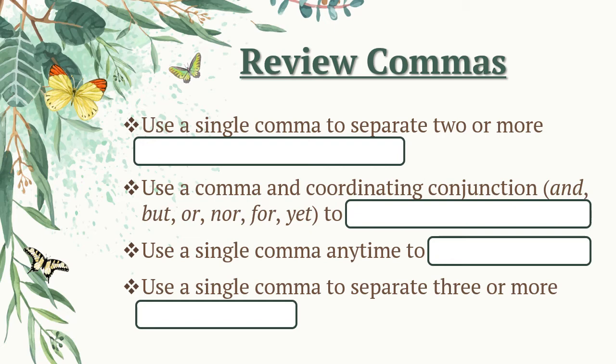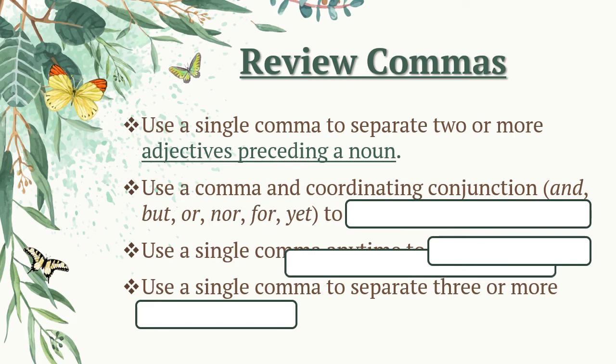Okay. If you have not written down what those should be, go ahead and do that. We're going to start revealing them right now. Number 1, use a single comma to separate 2 or more adjectives preceding a noun. So when you have 2 or more adjectives in front of a noun, you will need to use a comma to separate them. Remember, the only time you don't is when you have 2 adjectives and the second one is so close to the noun that it's part of the noun.